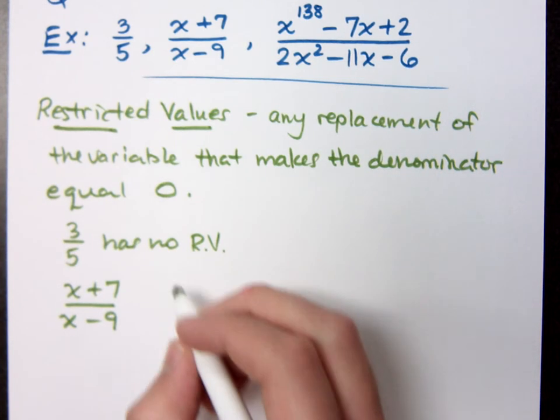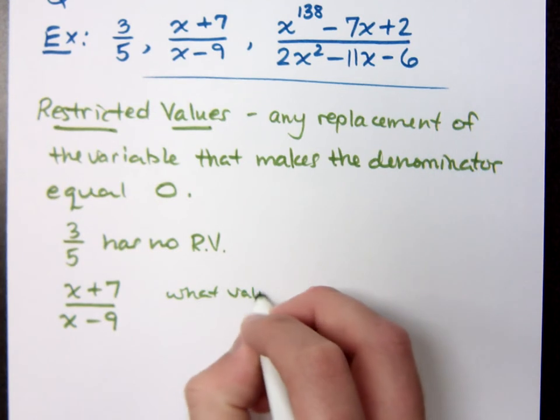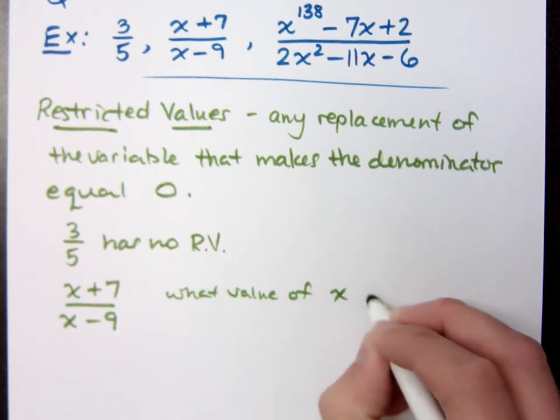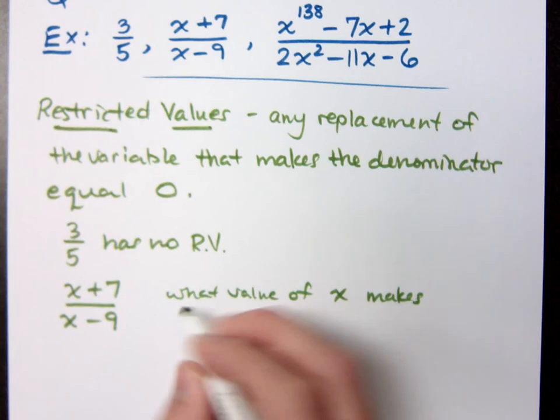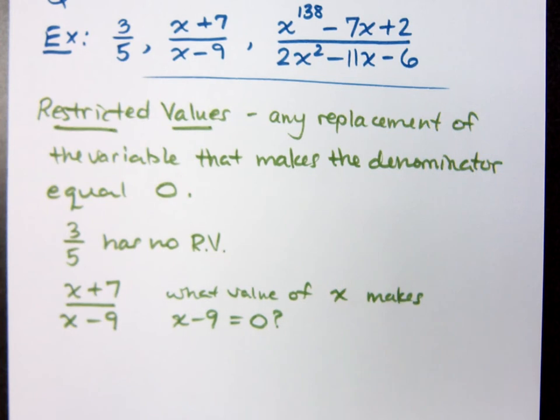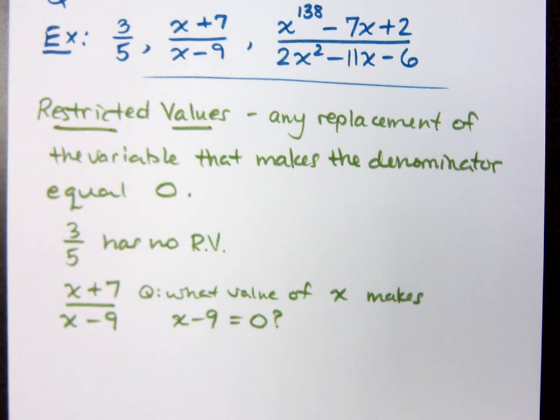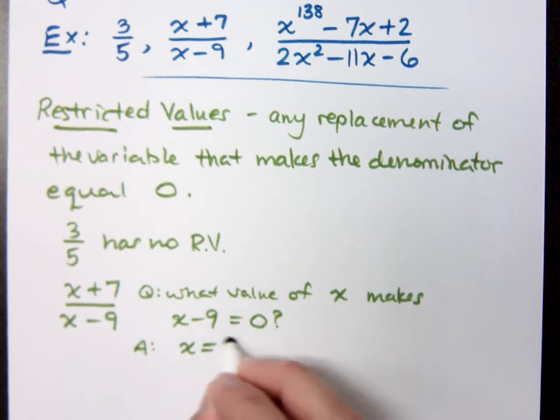So your question should be: what value of x makes the denominator x minus 9 equal to 0? When x is 9. So the answer is x equals 9.